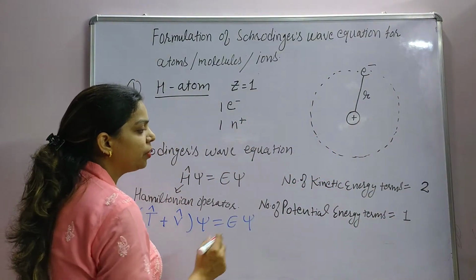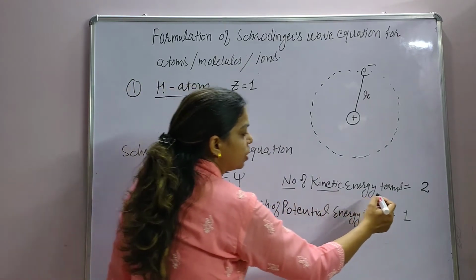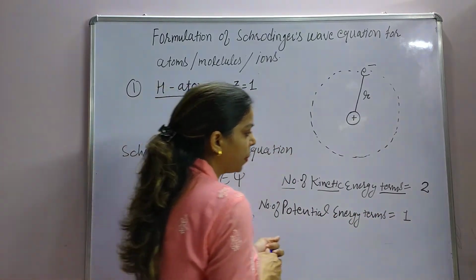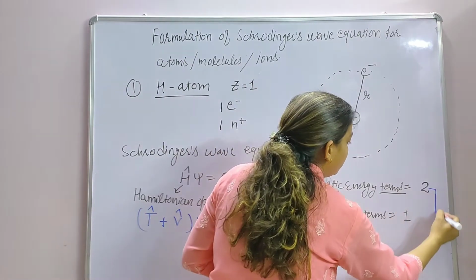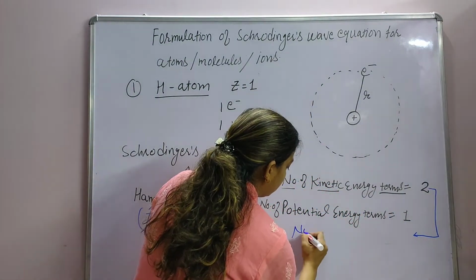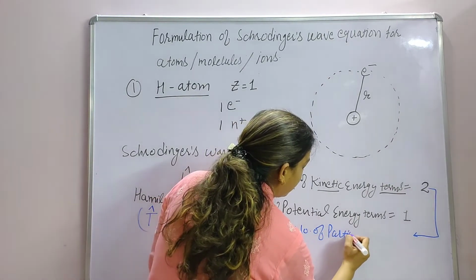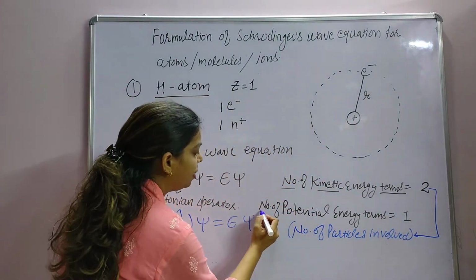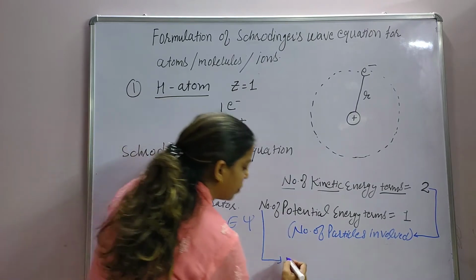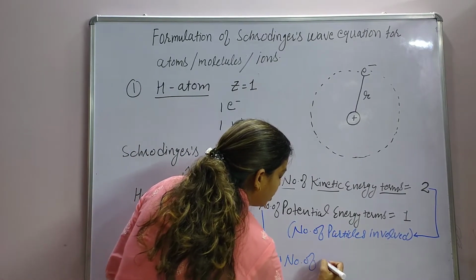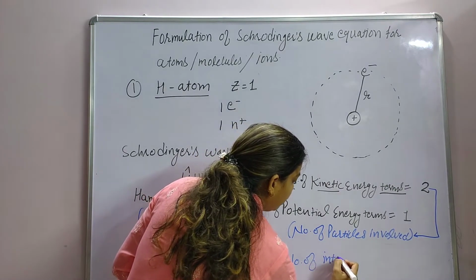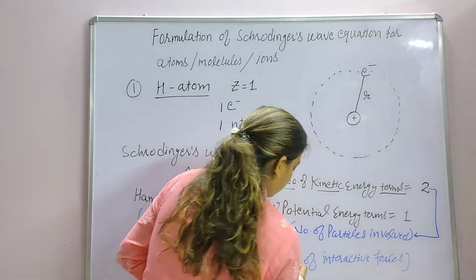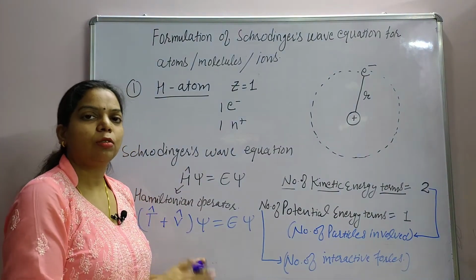So in general, we can write it like this: number of kinetic energy terms will be equal to the number of particles involved, and number of potential energy terms will be equal to the number of interactive forces, meaning they may be attraction or repulsion both.